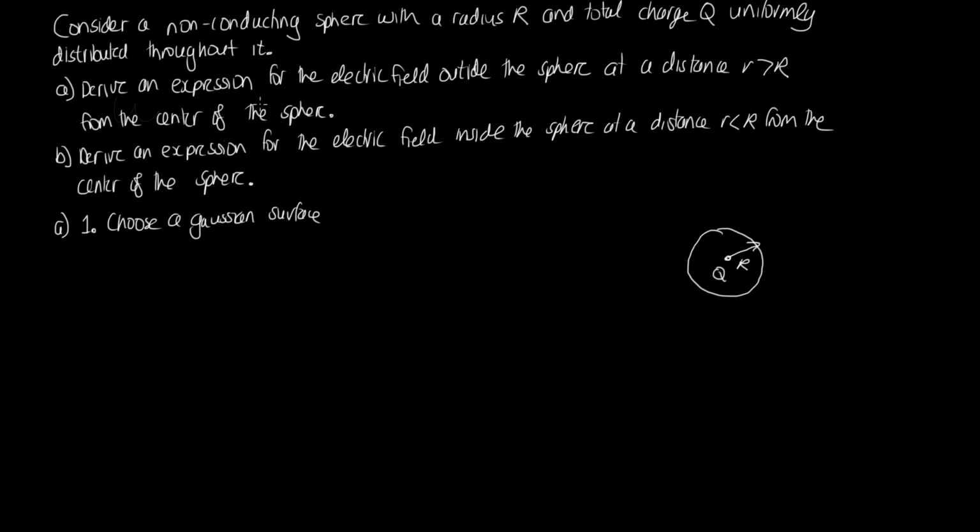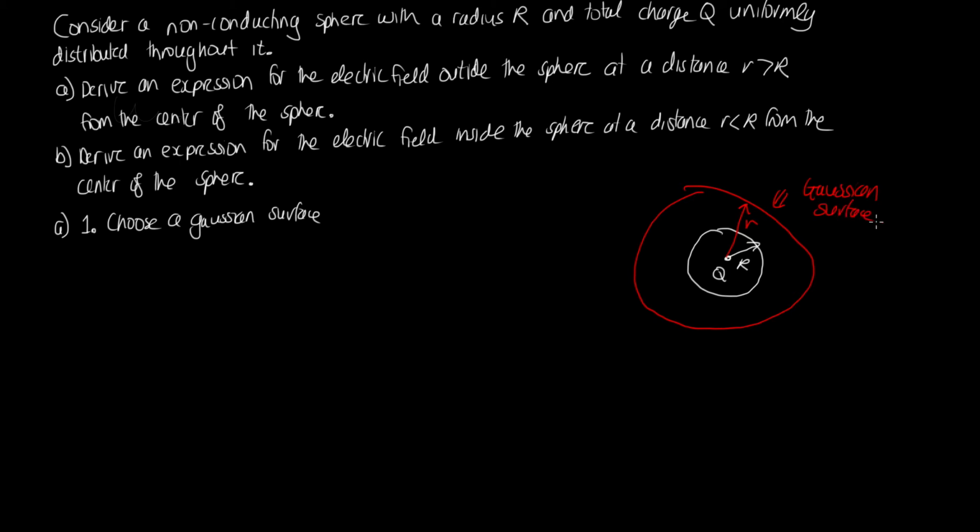Now when we're choosing our Gaussian surface, we want to exploit symmetry as much as possible. Ideally, we'd like our surface to be parallel or perpendicular to the electric field. Because this is a sphere, it makes sense to choose a spherical Gaussian surface. So this is our Gaussian surface here with a radius little r.